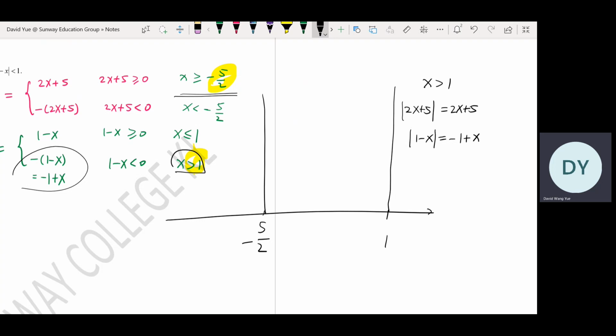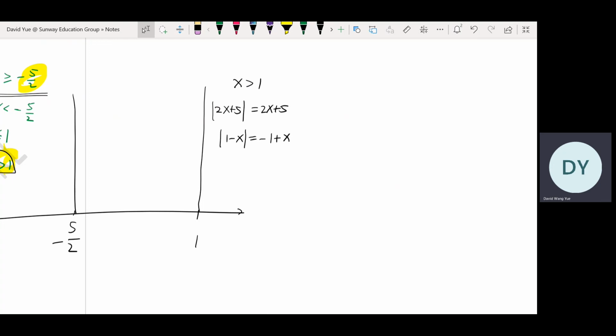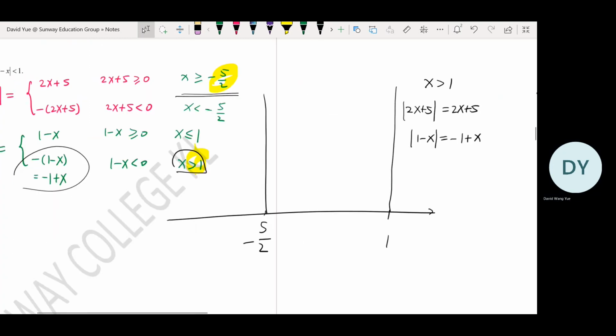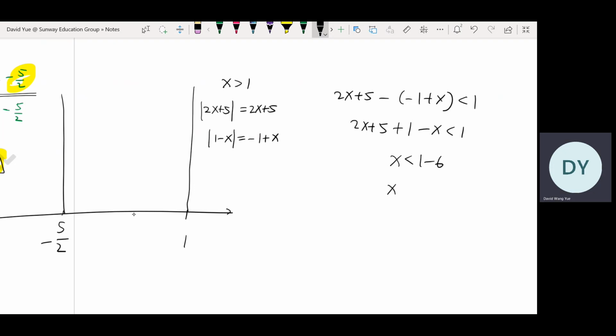Now, if that's the case, our inequality should be 2x plus 5 minus negative 1 plus x less than 1. So 2x plus 5 plus 1 minus x less than 1, x less than 1 minus 6, x less than negative 5. Now obviously here you have a contradiction.